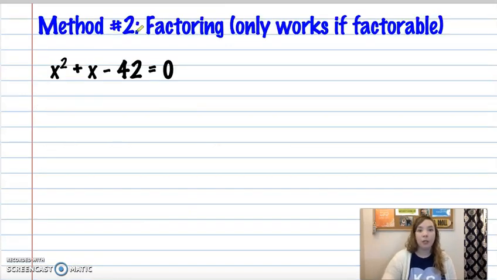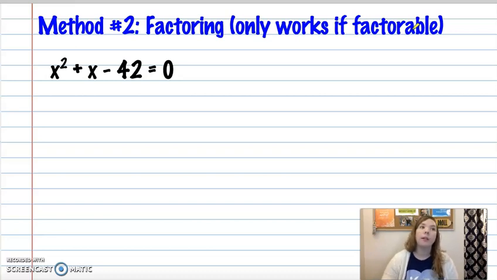So method number 2, factoring. This only works if it's factorable though. So there are cases where our solutions are irrational numbers. They're not nice whole numbers or nice fractions, easy numbers to work with. So graphing will always work. The factoring method only works if it's factorable.